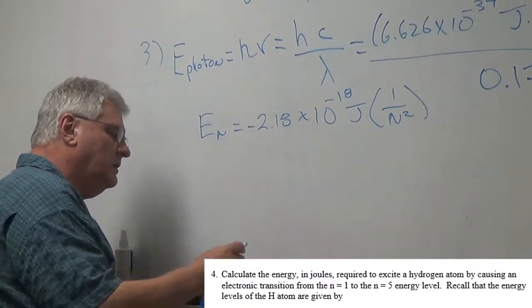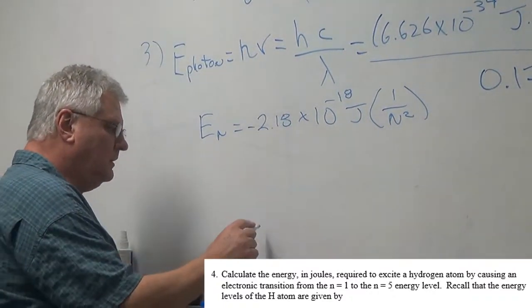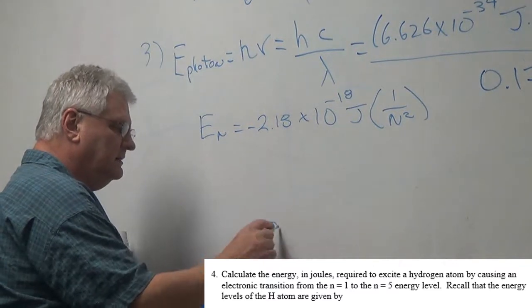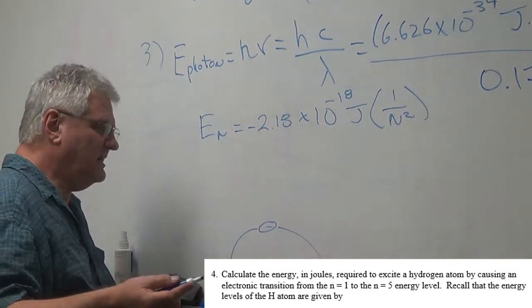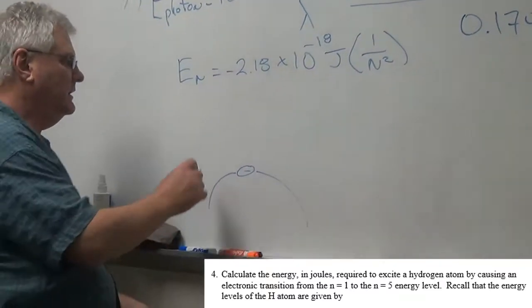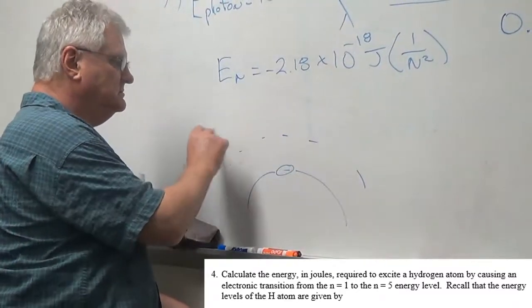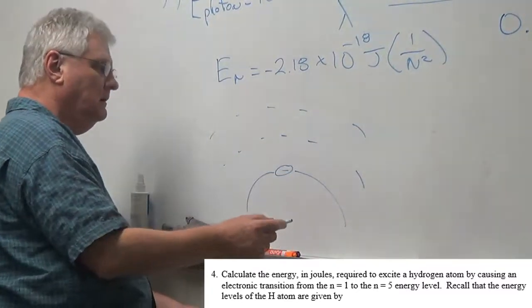Let's think about what's going on here. If you have an electron in an orbital, and we're talking about hydrogen at the moment, and it has other orbitals with other energies.